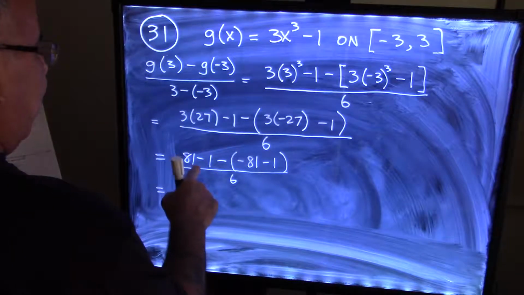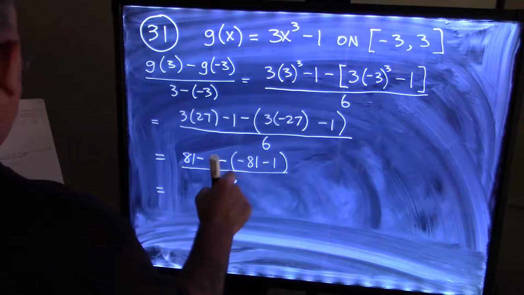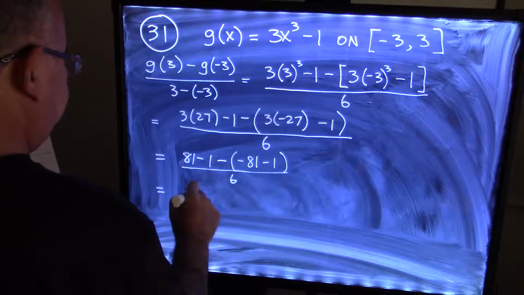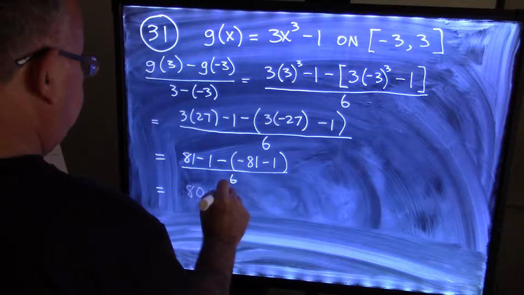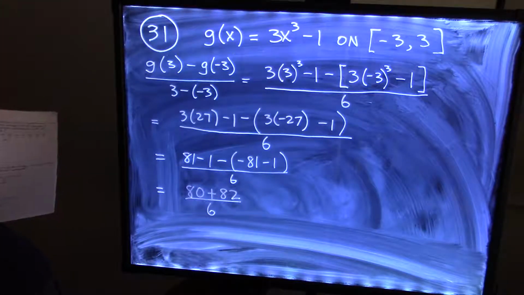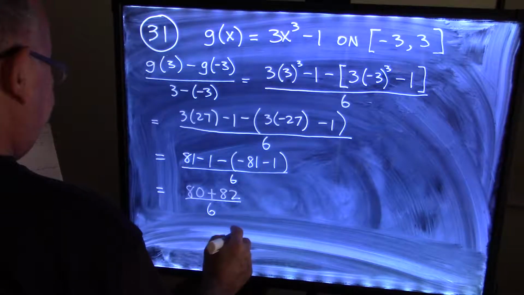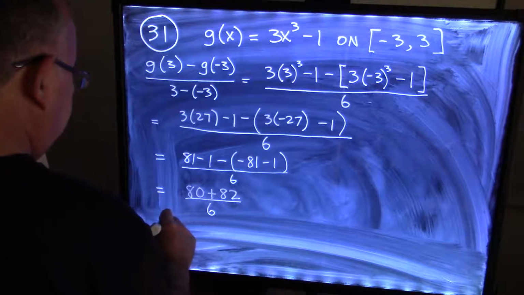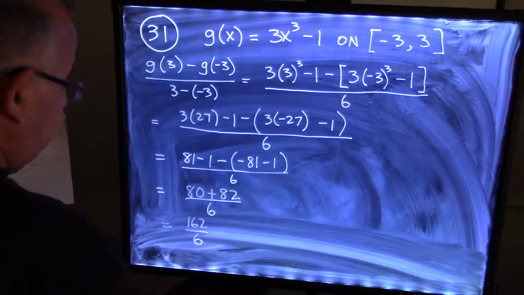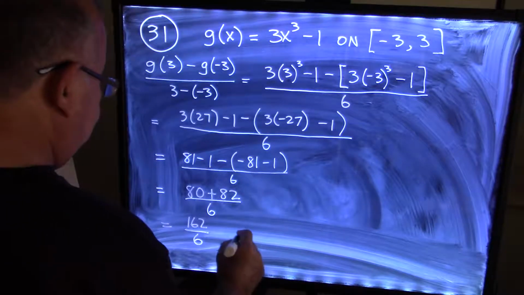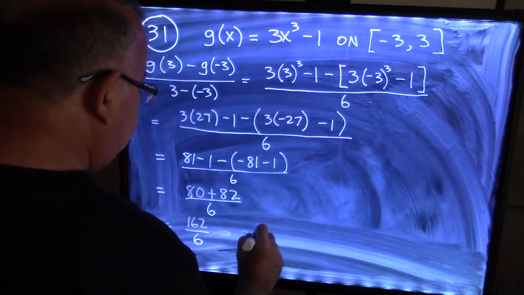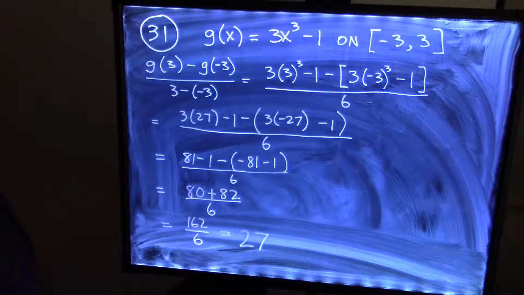So this is going to be 80 minus negative 82, so that becomes 80 plus 82 over 6. And so that's 162 over 6, which is a nice integer, 27. There you go.